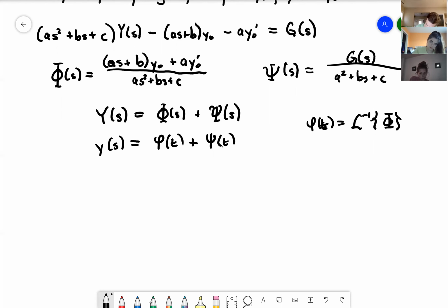So capital phi, little psi is the inverse Laplace transform. Okay.